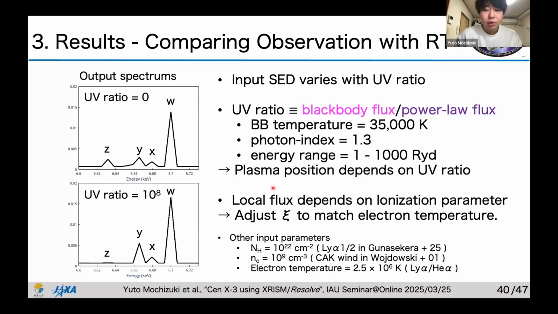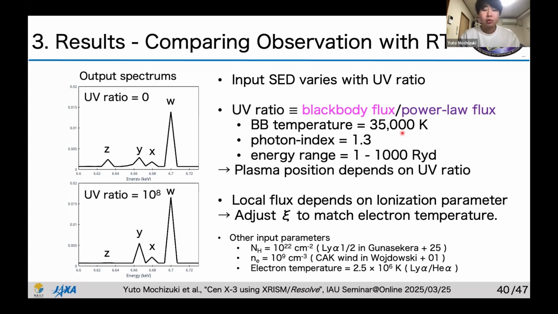The plasma's position depends on the UV ratio. For example, when the UV ratio is a small value, the plasma is located closer to the neutron star. On the other hand, when the UV ratio is a large value, the plasma is located closer to the O star. And additionally, since the local flux depends on the ionization parameter, we adjust the ionization parameter to match the electron temperature.